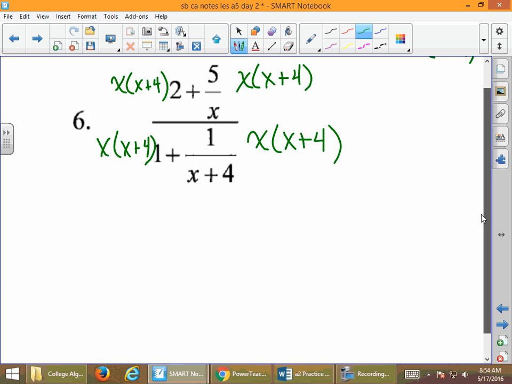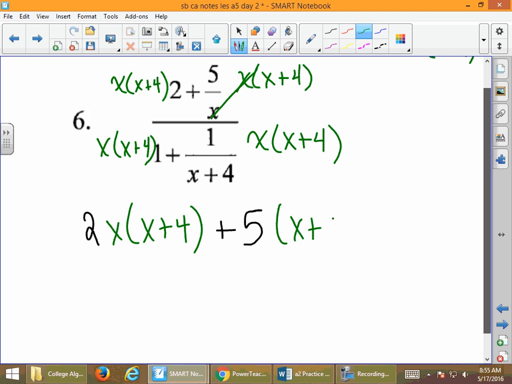But when I rewrite this, the first part with this 2, it's really going to be 2 and then x times x plus 4. Plus, over here, our x's from the denominator cancel out, and we're left with 5 times x plus 4.